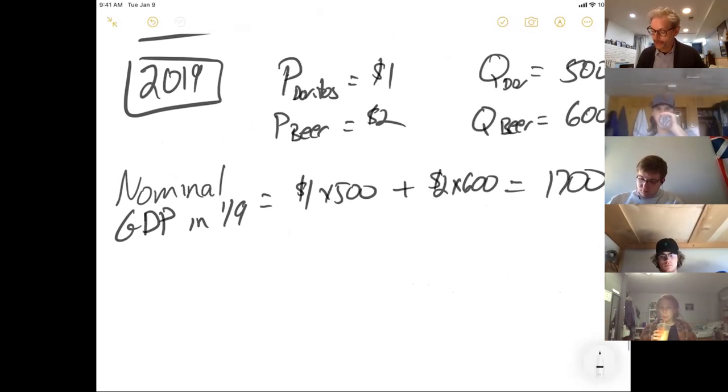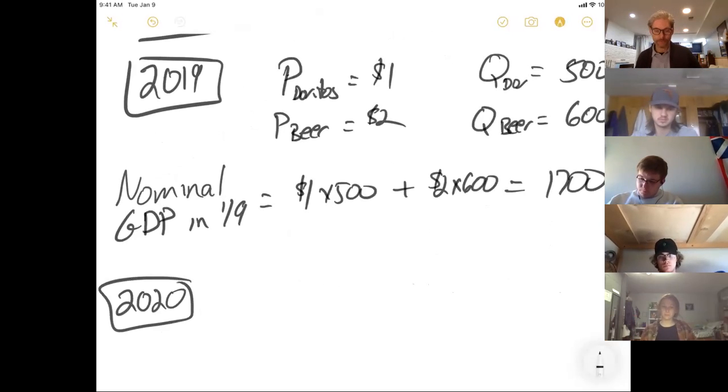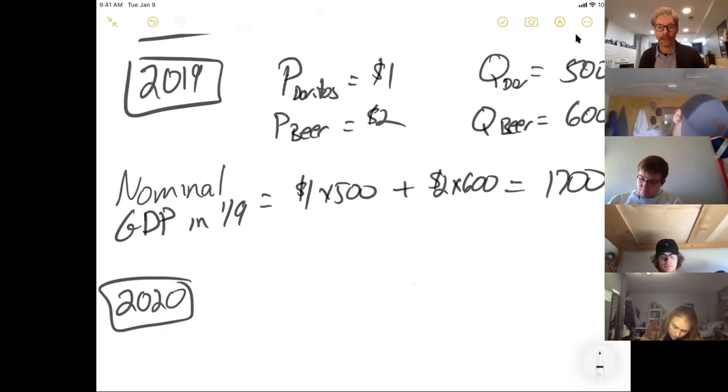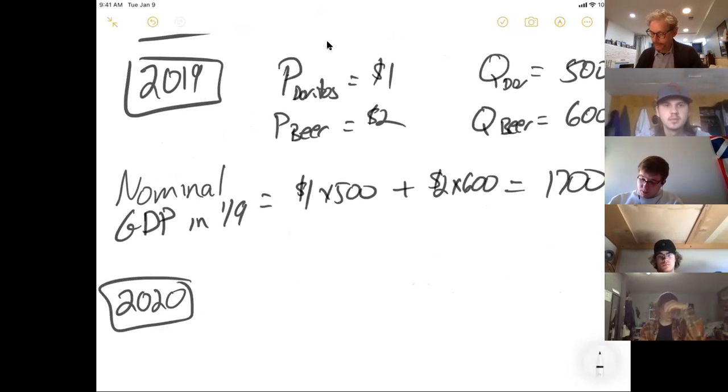Now, let's say you go back in 2020 to Thailandia and you want to do this same experiment, right? Or you want to calculate what GDP is in 2020. However, 2020 in Thailandia, like it was in most of the world, was not a great year.